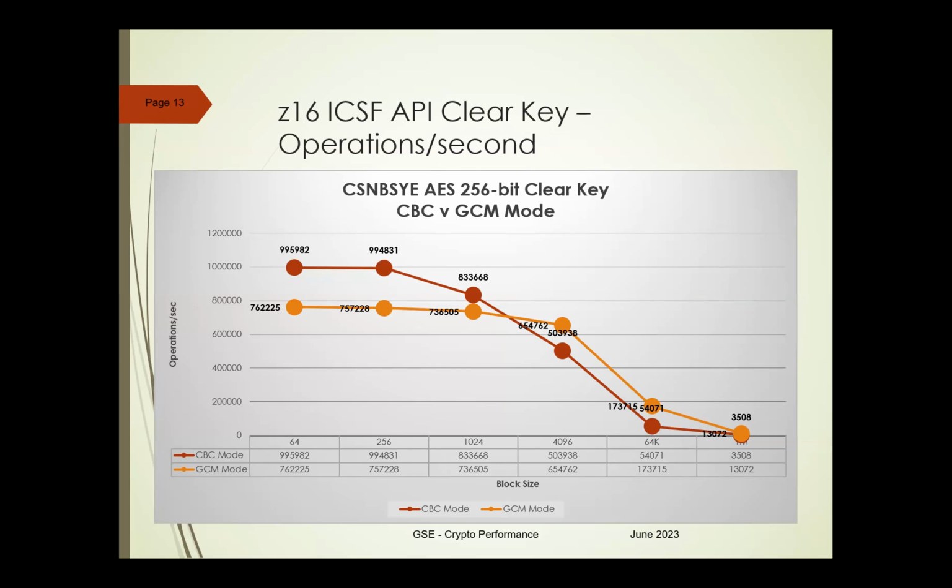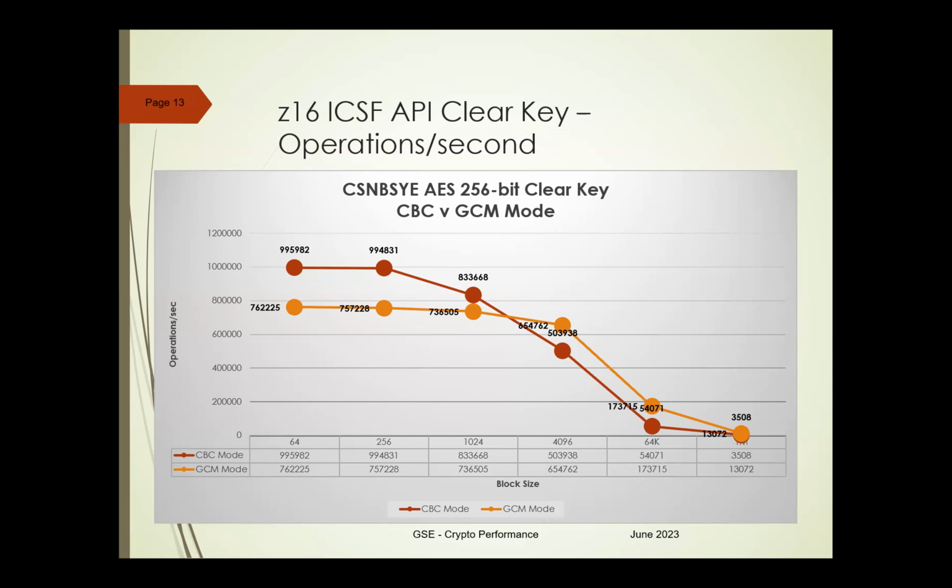So the previous 3 sets of charts were talking about the hardware speeds. Now, on this chart, what we're looking at is if I use the ICSF APIs. So, for example, with clear key, instead of using the native KM instruction in my own assembler program, the code is actually invoking an API that in turn ICSF will send the work to the CPACF hardware.